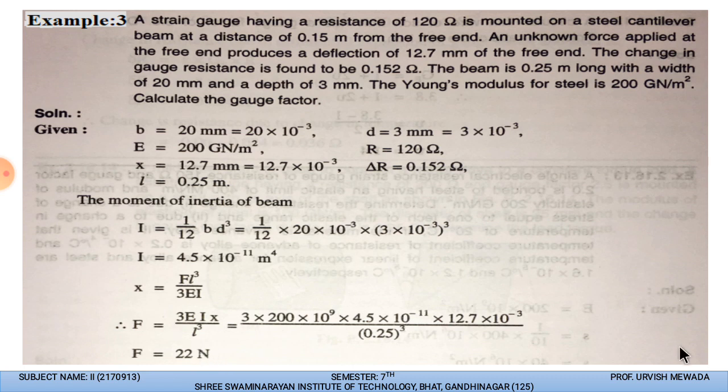So for this pole, the force applied for this amount of change in the position, we can say the force which is exerted on the free point or free portion, the point which is floating in the air, after applying the stress, will be 22 Newton.